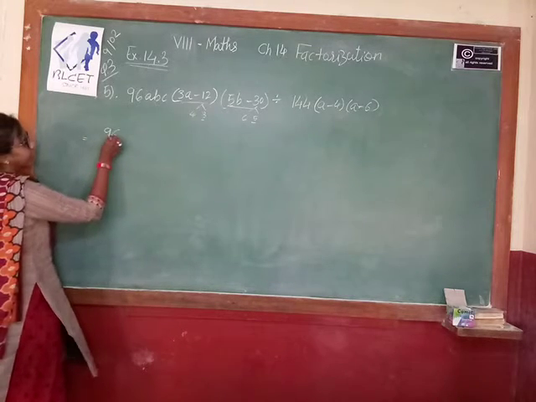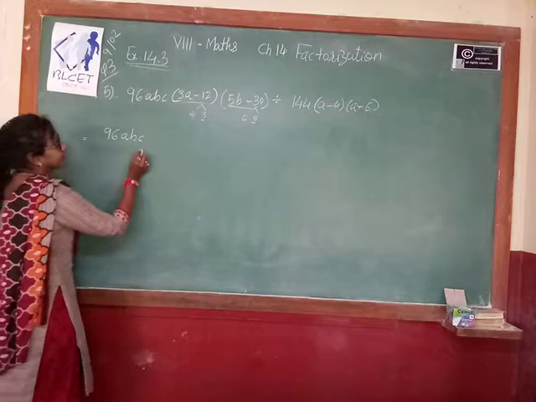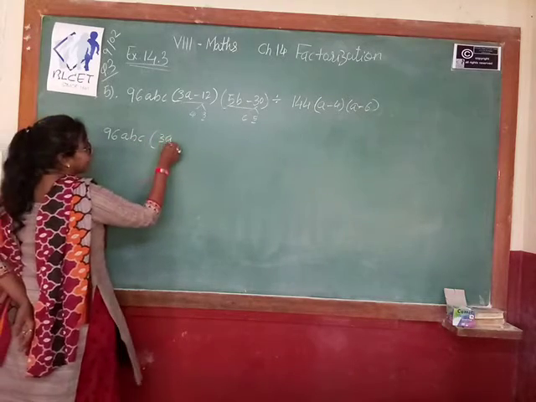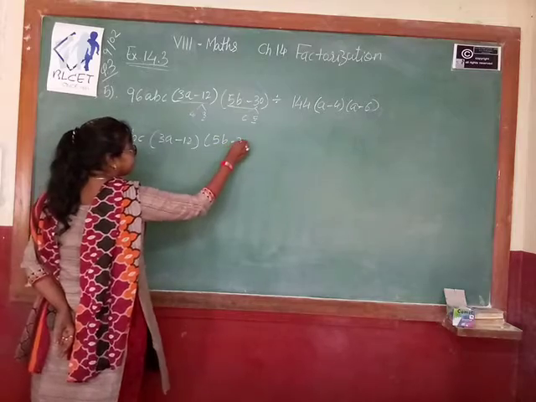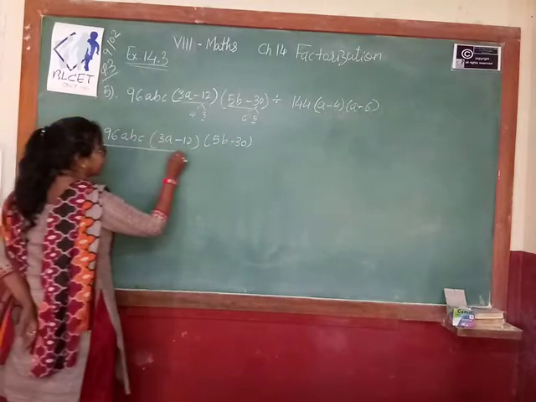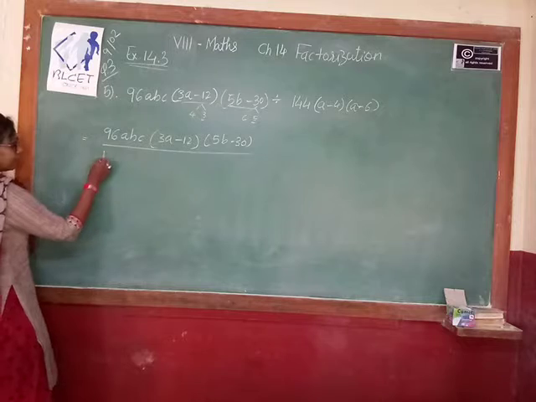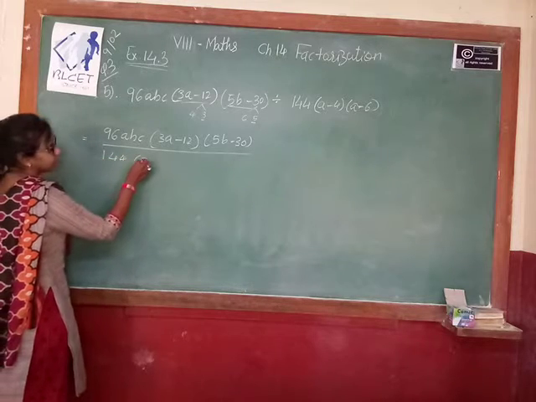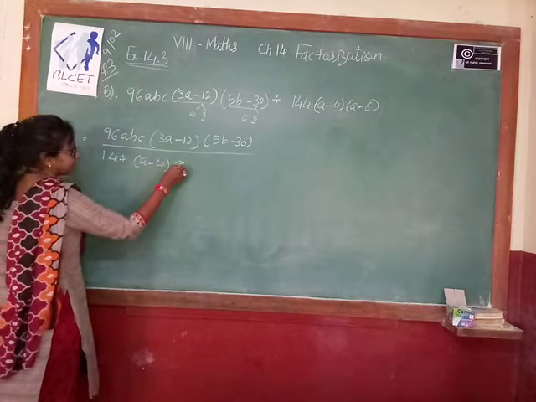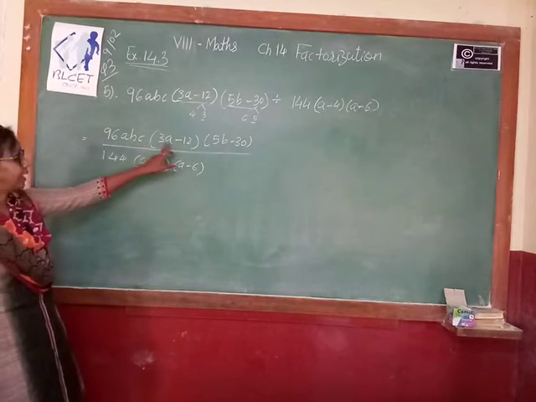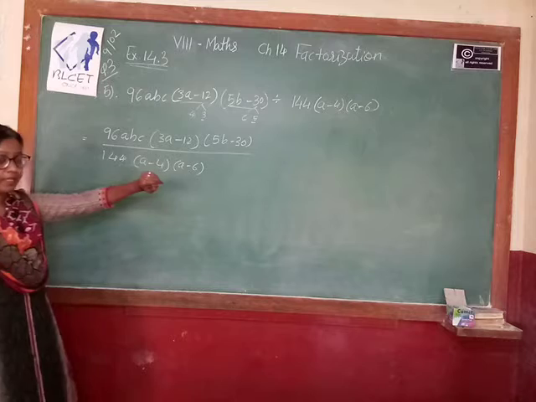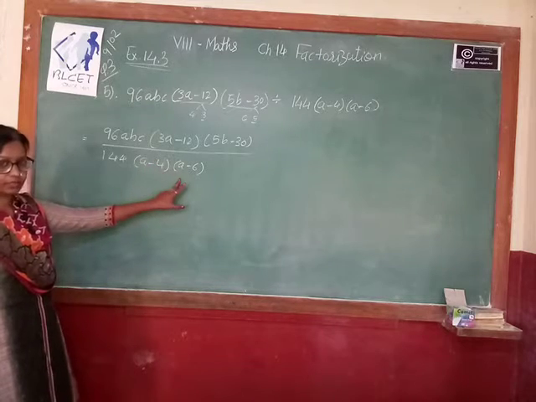So first we write 96abc (3a minus 12)(5b minus 30), whole divided by 144 (a minus 4)(b minus 6). Why I am doing like this? So that we can get the factors of these two terms such a way that we can cancel these two terms. Let's see.